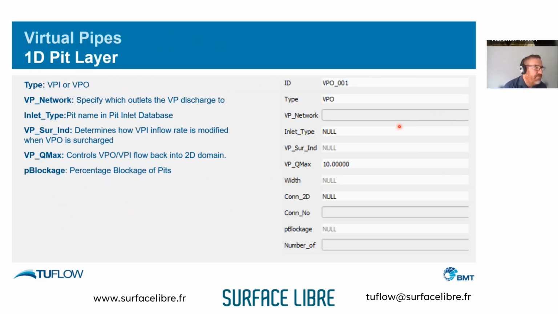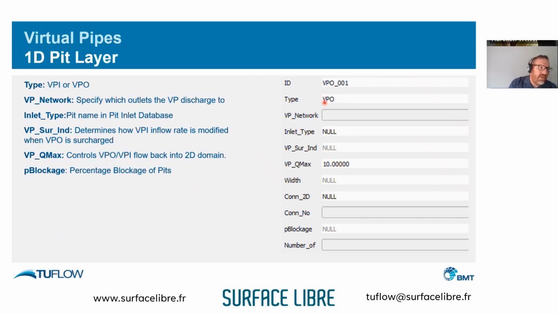For virtual pipes, we define those within a 1D pit layer. So these are of type VPO or VPI. If it's a VPI, that's our virtual pipe inlet. That's where we're taking flow from the 2D surface primarily. And then we have a VPO. If we want to apply it to the 2D domain, we use a VPO, which is a virtual pipe outlet.